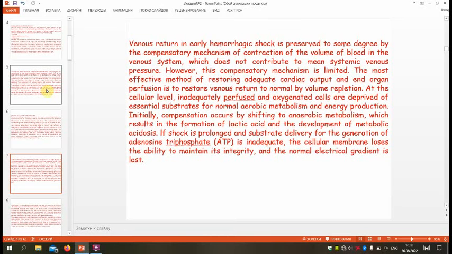If shock is prolonged and substrate delivery for the generation of adenosine triphosphate is inadequate, the cellular membrane loses an ability to maintain its integrity and the normal electrical gradient is lost.